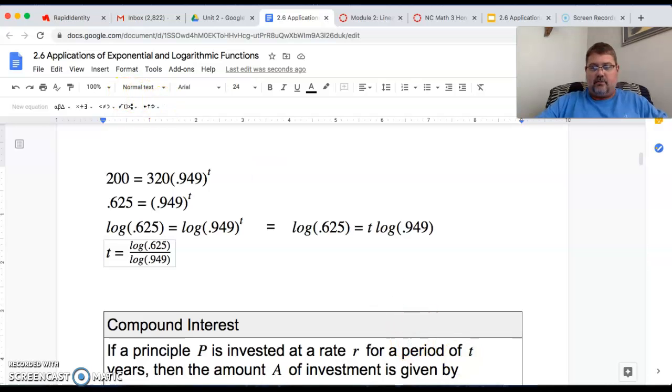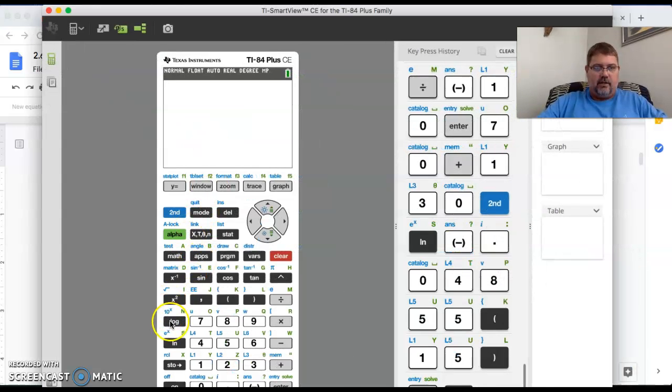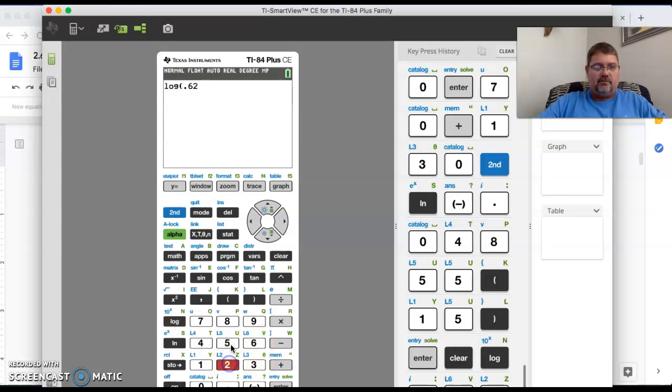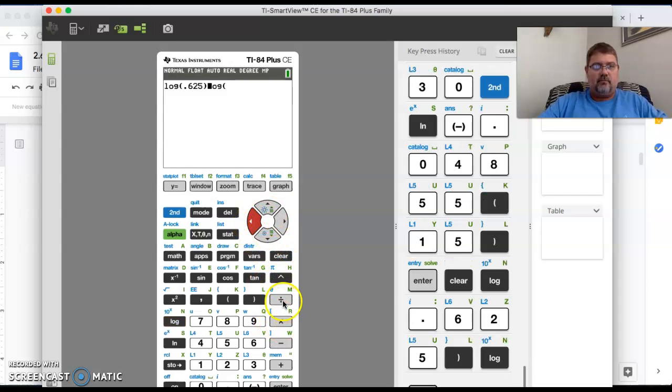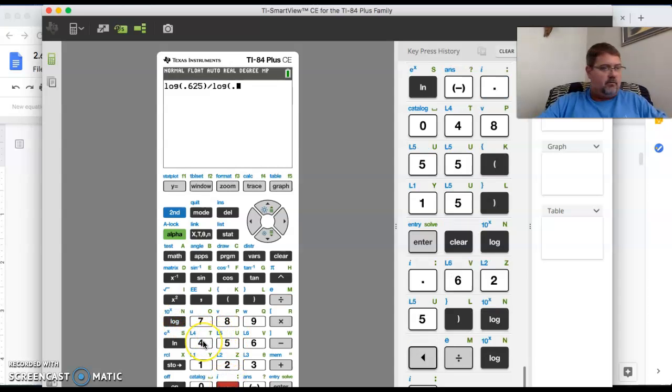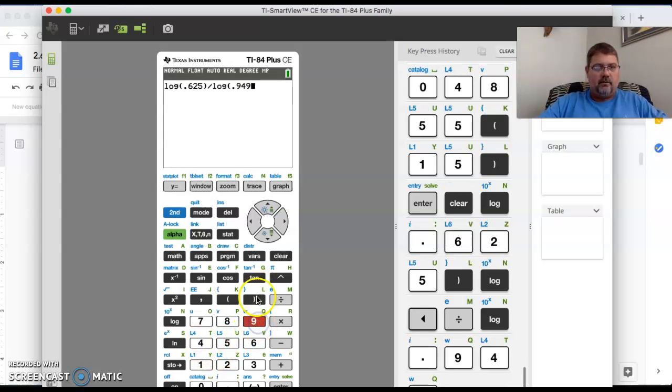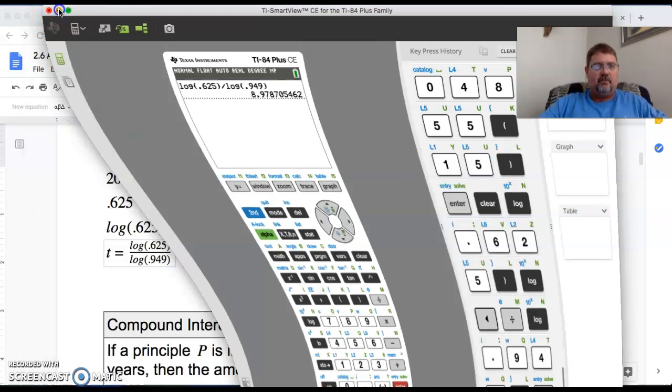And this is approximately, when we work it out, let's see what we get. So we've got log of 0.625. Now you see why I use the log, or I could use natural log. It's going to be divided by log of 0.949, and it looks like it's going to take about 8.97 years, or minutes, sorry.